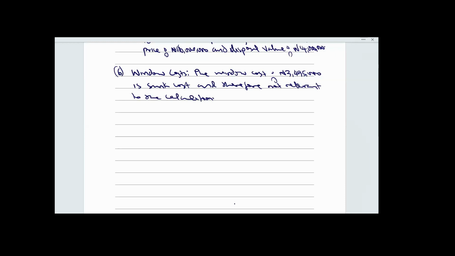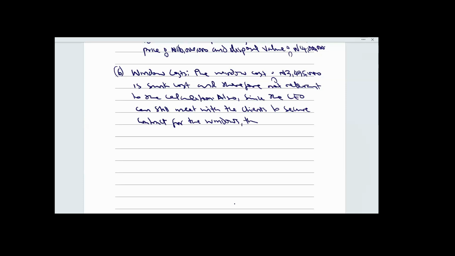Also, since the chief executive officer can still meet with the clients to secure the contracts for the window, the contribution of 1,045,000 naira is not lost.